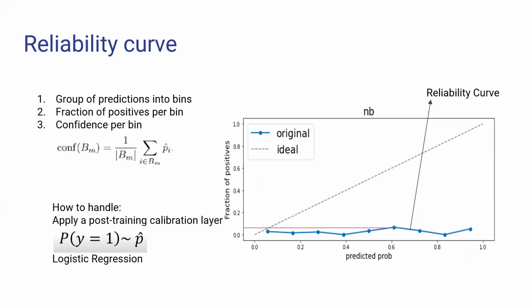All right, this is just a small intuition, guys. You might have noticed there are a lot of formulas here, but I'm just explaining my reliability curve. You take the group of predictions into bins, as I said earlier in my previous slide, and compute the fraction of positives per bin.